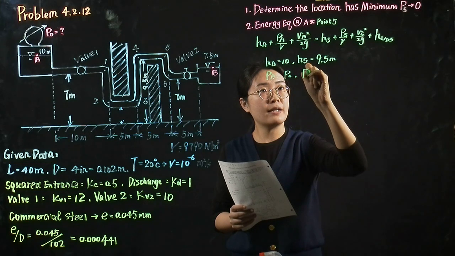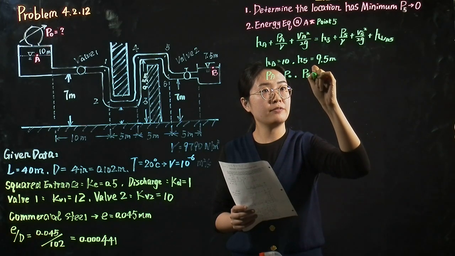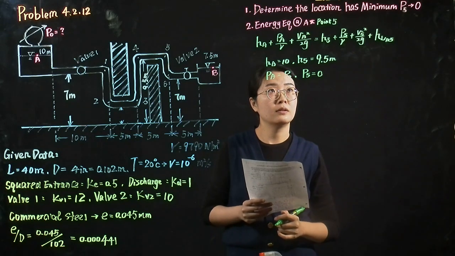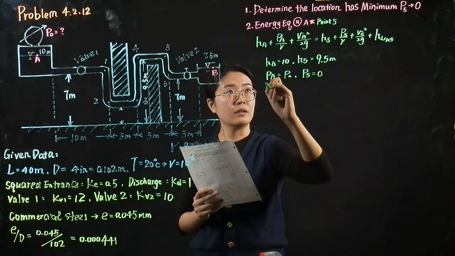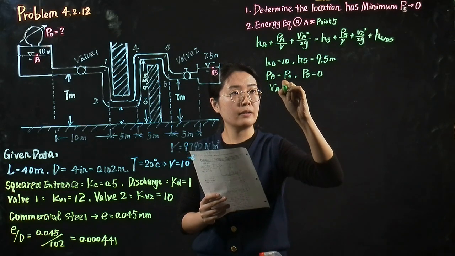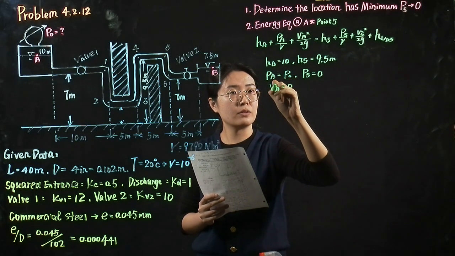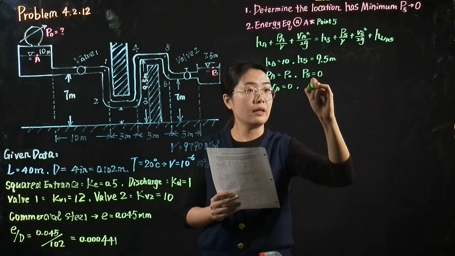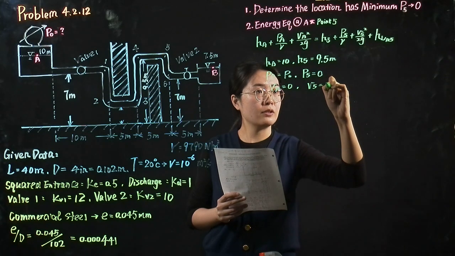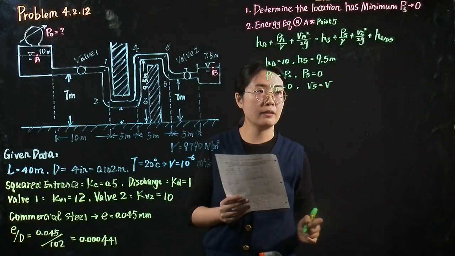And we set the pressure at point 5 equal to 0. The velocity at point A also equals 0, and the velocity at point 5 equals the velocity in the pipeline.